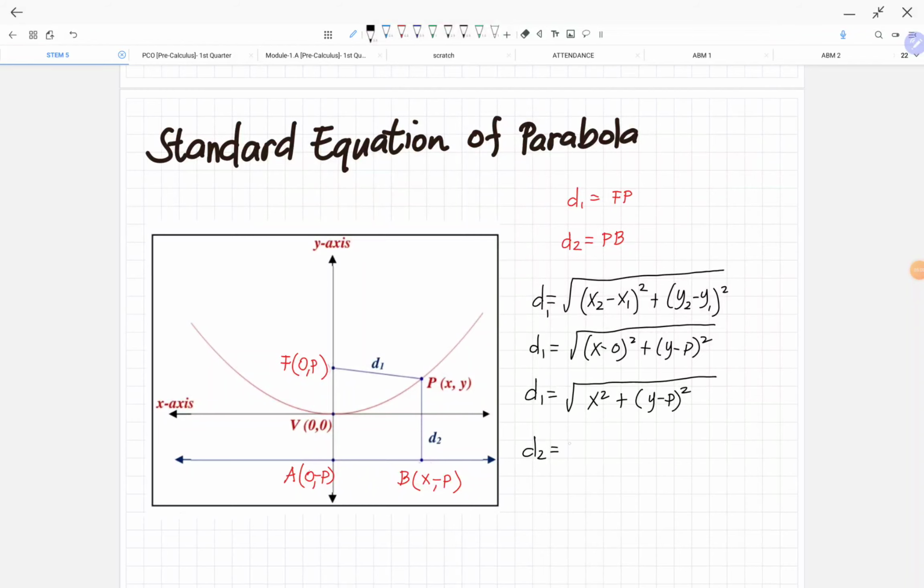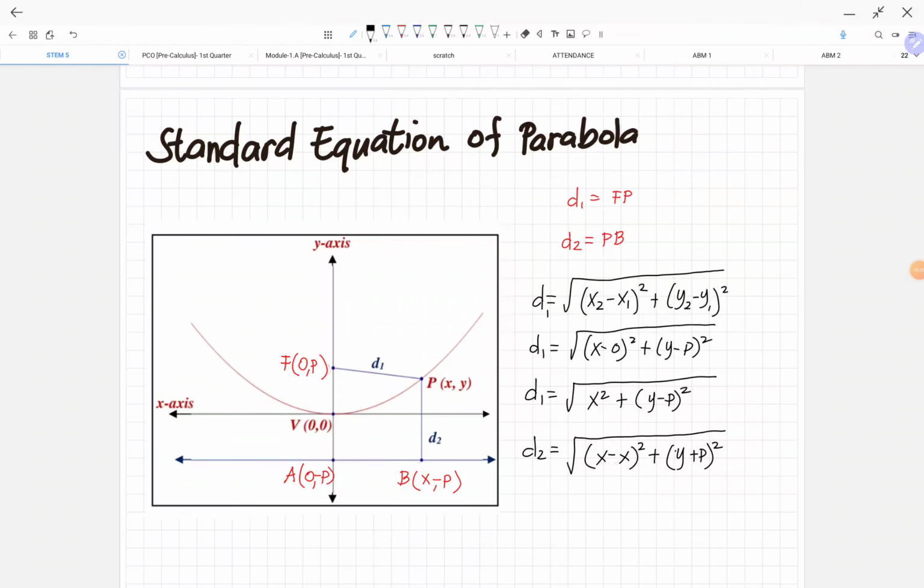For d sub 2, we will be using the same formula, but this time we will consider points P and B. So let's solve. So that is the quantity x minus x squared plus y minus negative p, so y minus negative p will be y plus p squared.